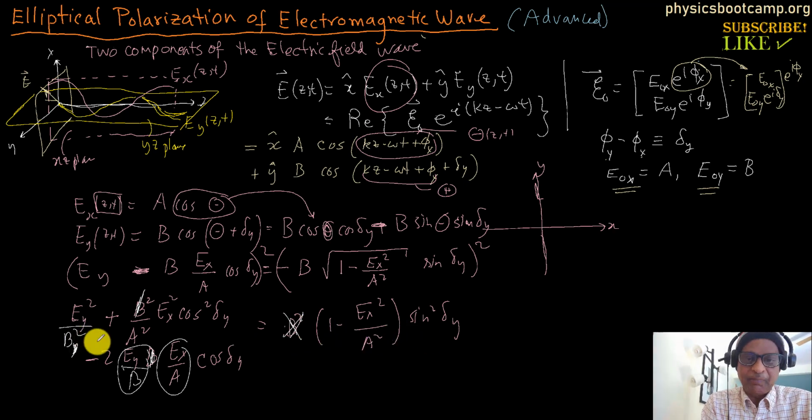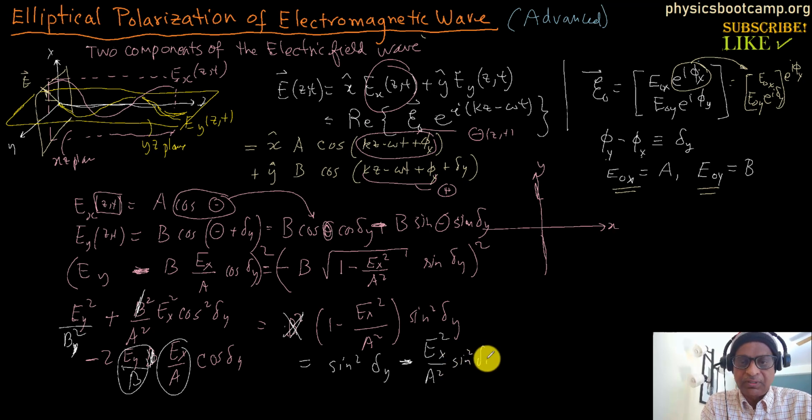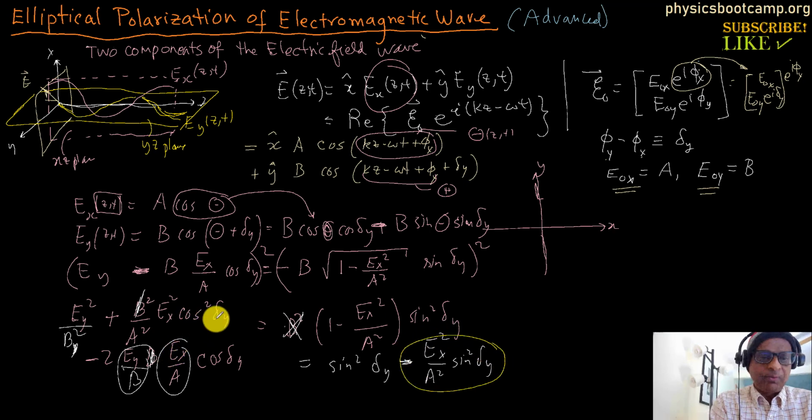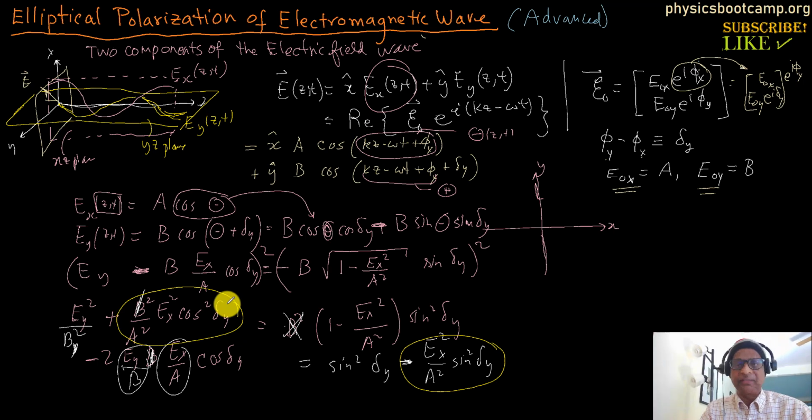Now on the right side we have sine square delta y minus Ex square over a square sine square delta y. Now you can see that this thing will match up with this and simplify.